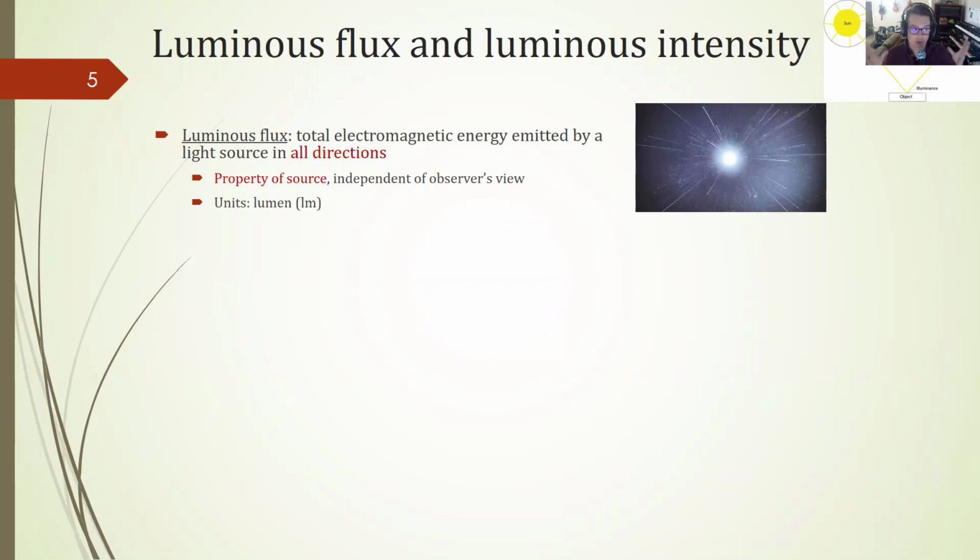Sometimes I'll say total luminous flux, because if I add an extra word, it sticks out a little bit more sometimes. But think of it like this. I'm going to plug in a light bulb, and electrical energy, which is quantifiable, goes into that lighting unit.